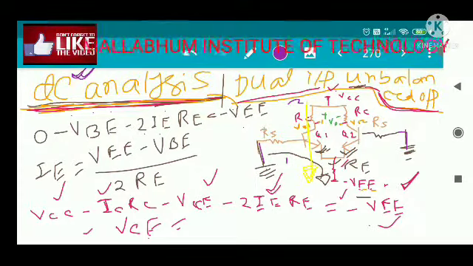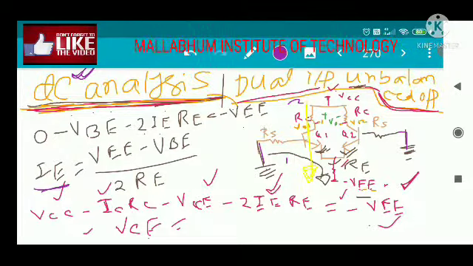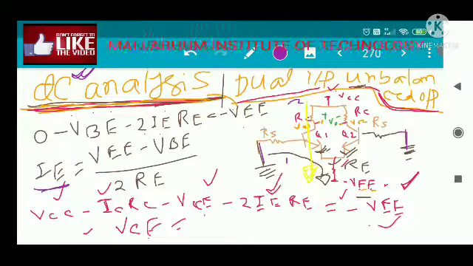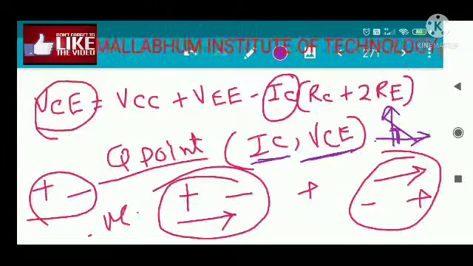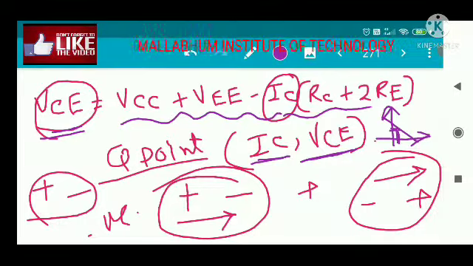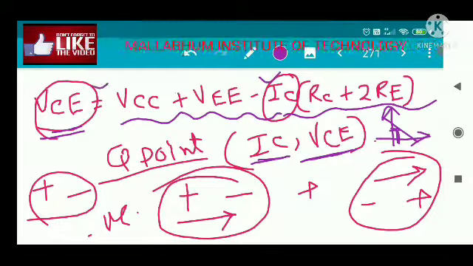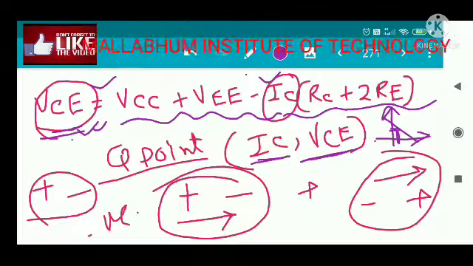So from there we calculate the IE, and from the next loop, the yellow line, we have ICRC, then the collector to emitter voltage VCE, and here is the VCC. With IERE and VE, from there we calculate the VCE. So VCE comes out to be this. From there there is an equation of IC and an equation of VCE. If we put IC equal to 0, we get the value of VCE, and if we put VCE equal to 0, we get the value of IC.